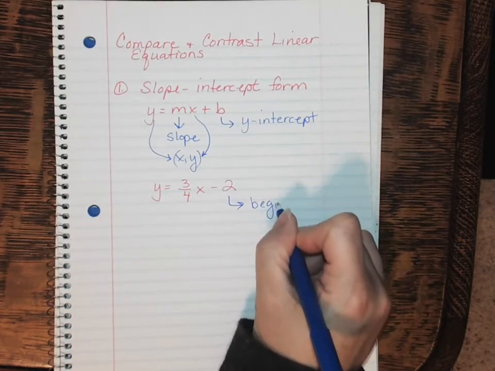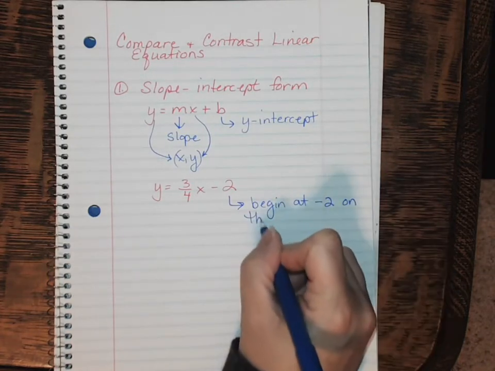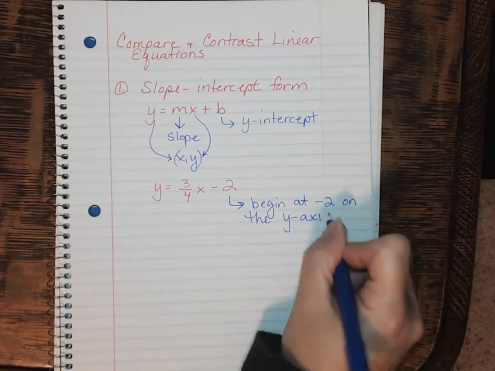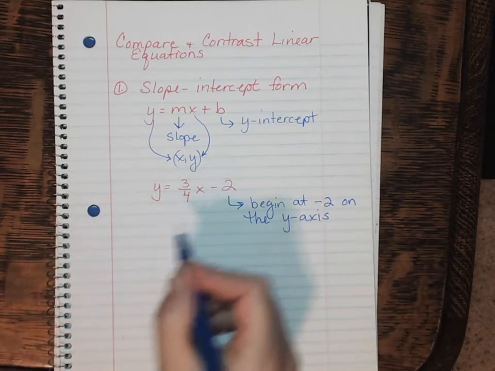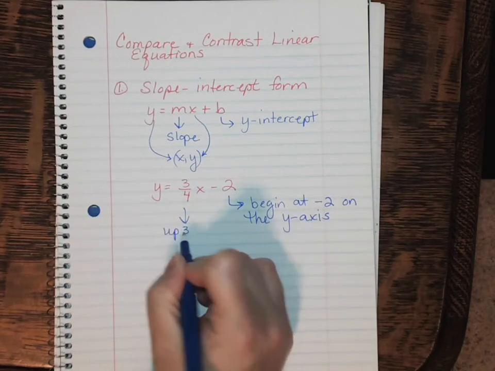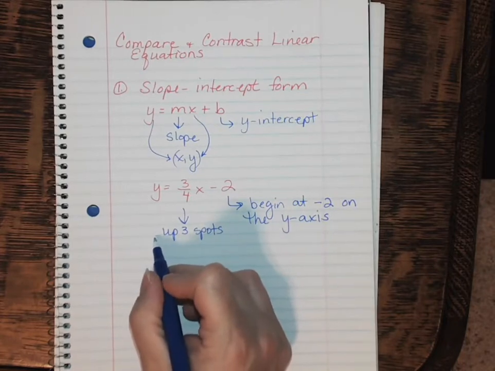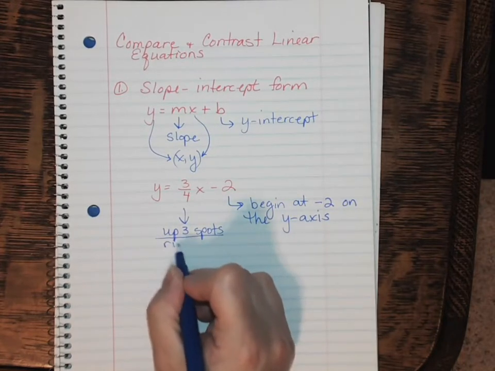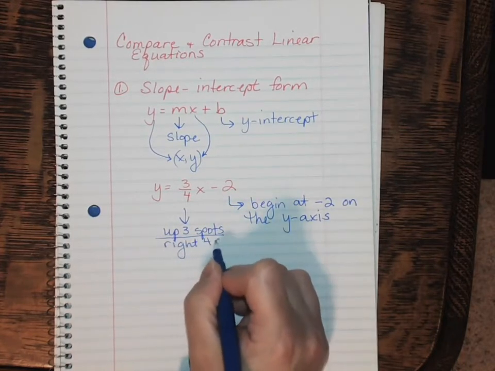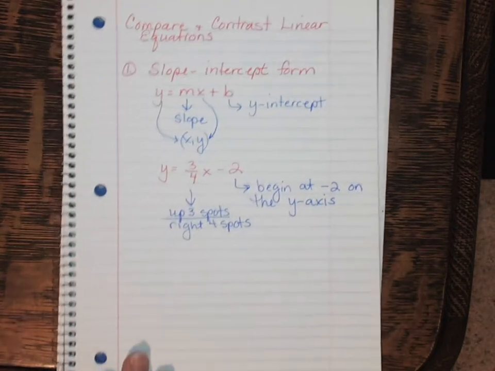Then our slope tells us that we go up 3 spots and we go right 4 spots. That's our rise over run.